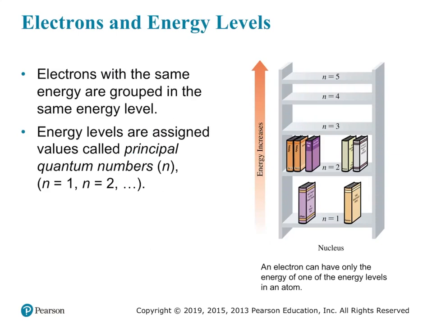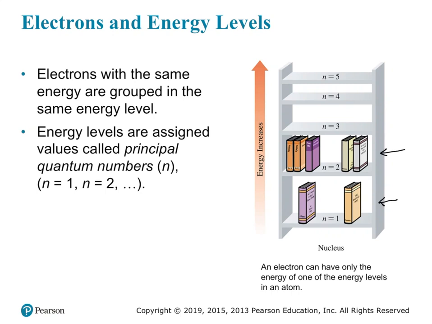All right. So now if electrons have the same energy, then they are grouped in the same energy level. So we can also think about this like a bookshelf. You might have electrons in the lowest energy shelf or in the second energy shelf.